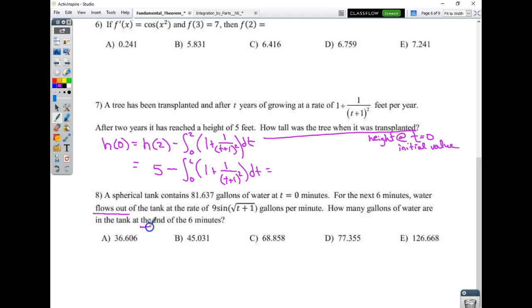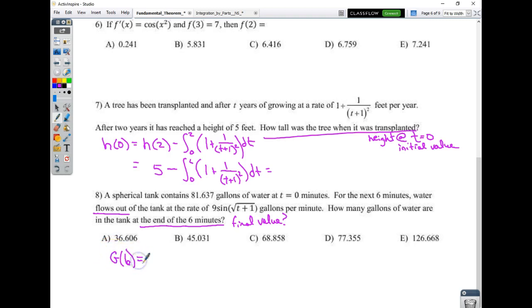So what am I looking for? End of the 6 minutes. So I want a final value. How do we get a final value? The final is the initial plus the change. So in this case, we want to know, let's call it big G of 6.